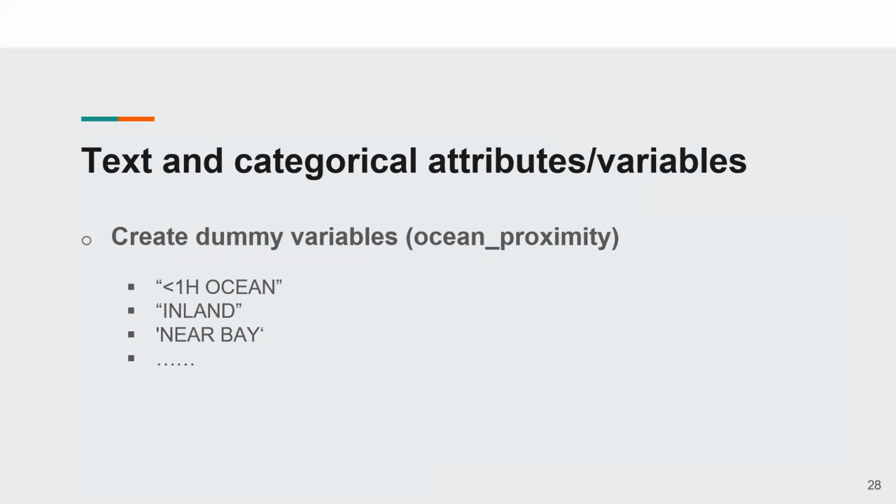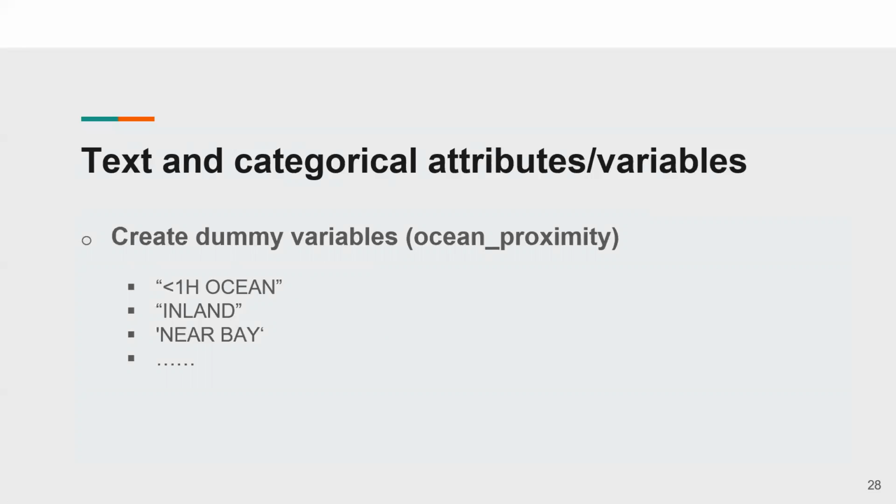How about text and categorical attributes? You potentially want to create some sort of dummy variable. For example, ocean proximity may have less than 1 hour to ocean, maybe near bay, maybe inland.